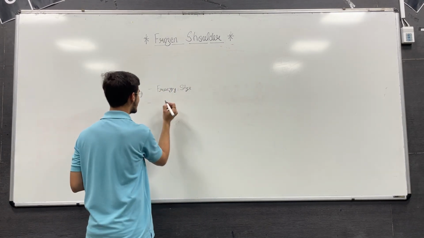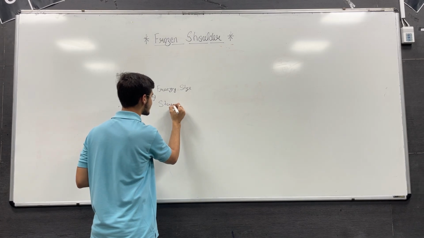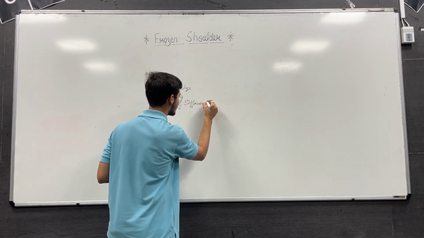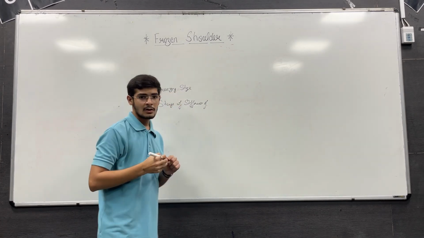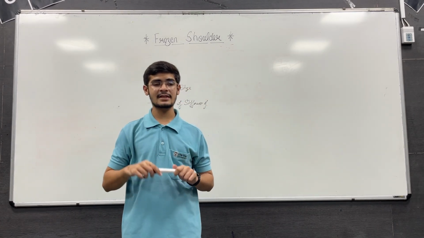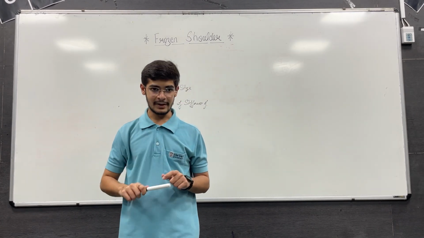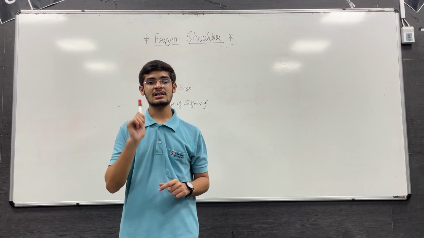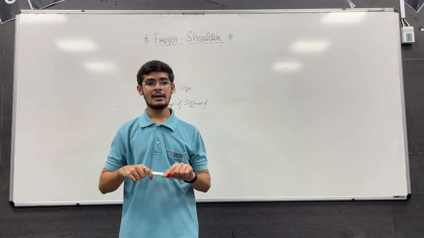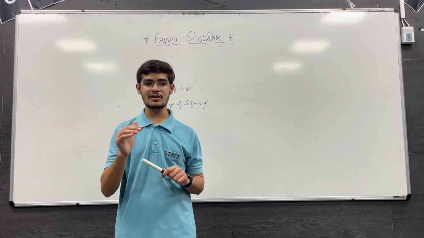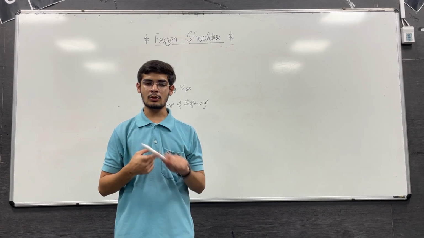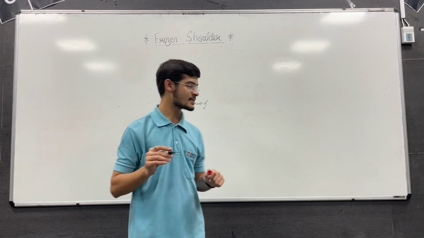The next stage is the stage of stiffness, which is also known as the stage of adhesion. Generally this phase remains for 4 to 12 weeks, and in this stage the pain will gradually decrease but the stiffness will remain the same, and the range of motion will start to decrease and external rotation will be totally absent in this phase.